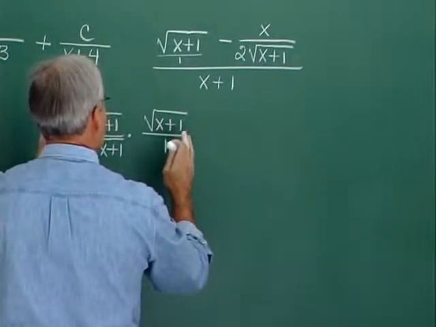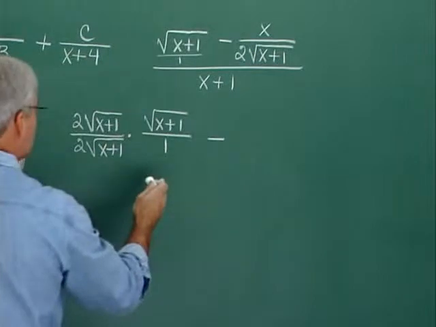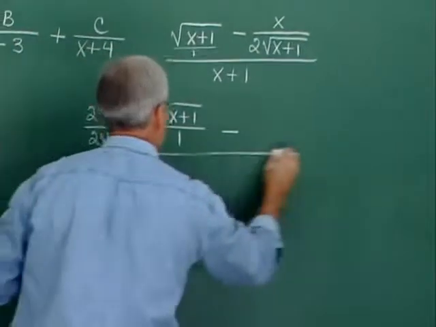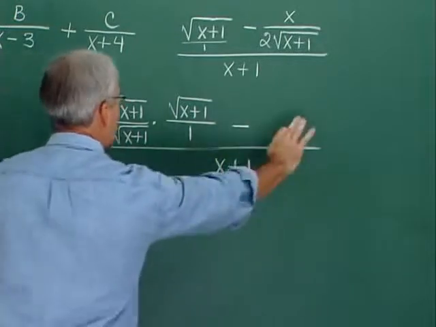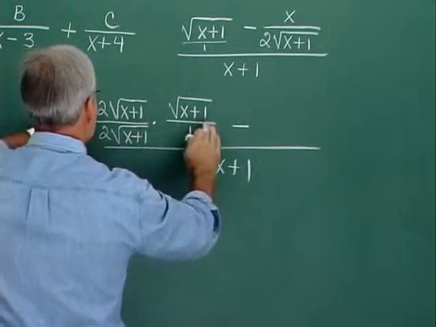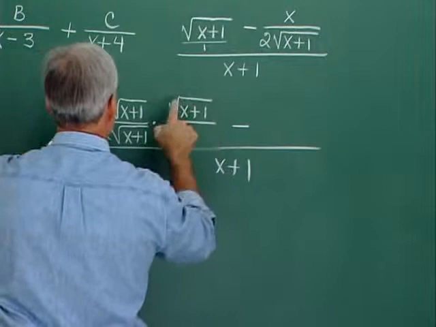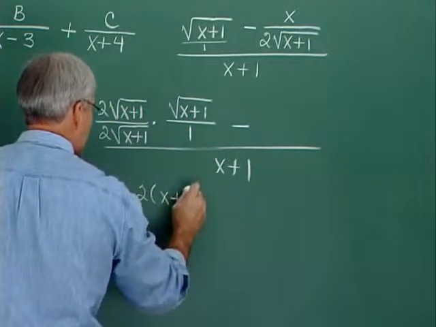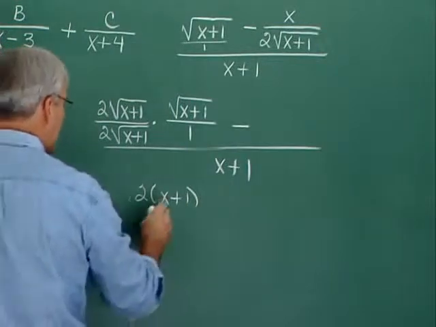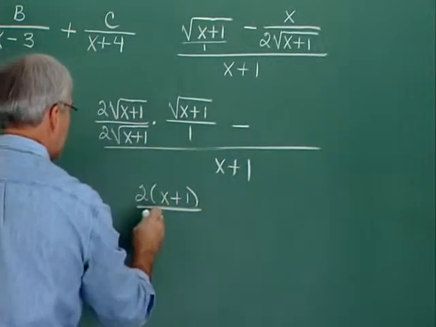So this part becomes, and I'm going to stay with this just through another step here, if you don't mind. I want to stay with this just one more step, and then we'll get over here. All right, when you multiply these two, this numerator becomes 2 times x plus 1, like that, you see. And the denominator is indeed in this radical form.